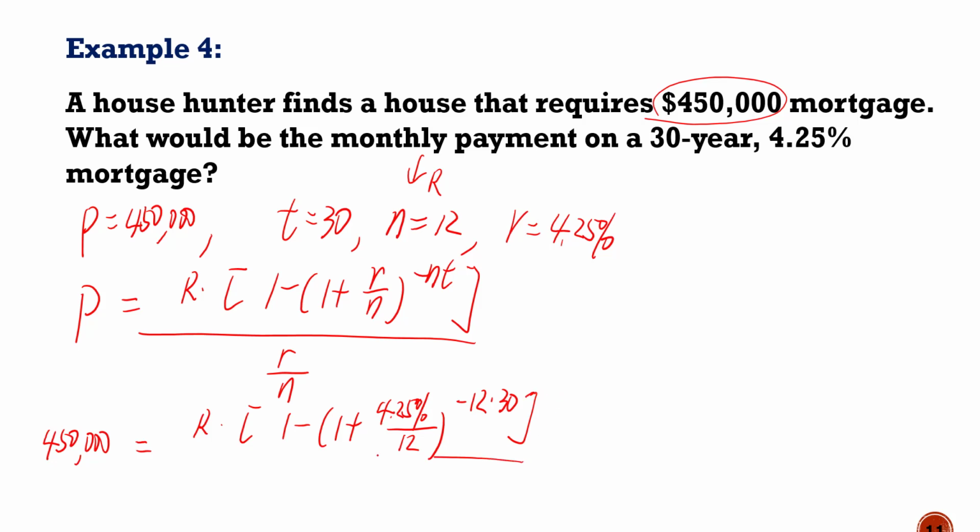So they're making 360 payments, regular payments over the life of the mortgage. The rate is 4.25% over 12.